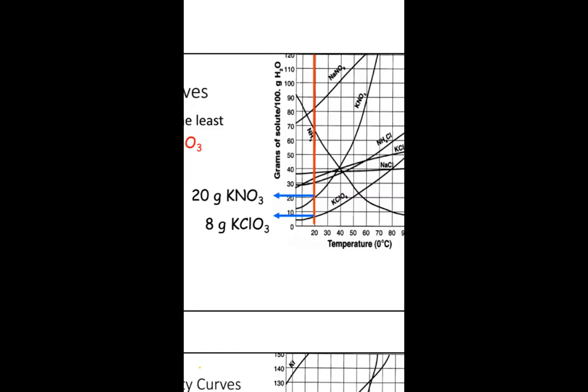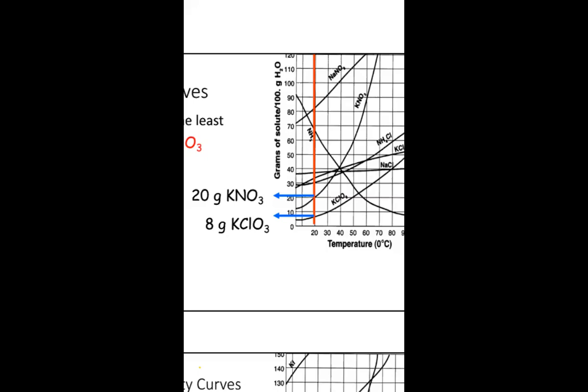If you move a bit further, the next curve is KNO3. KNO3 is more soluble than KClO3, because about 20 grams of it dissolves in 100 grams of water at 20 degrees Celsius. Do you get that?